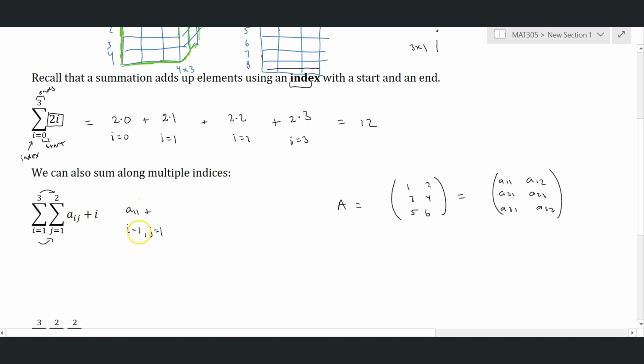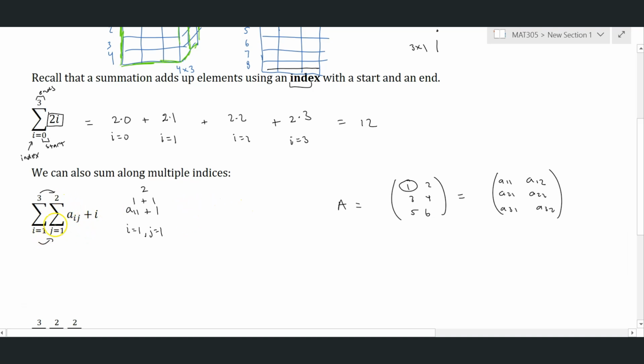Okay, well, what is I? I is 1. Okay, so what would A11 plus 1 be? Well, A11 is 1, and we're taking 1 plus 1, which gives us 2.